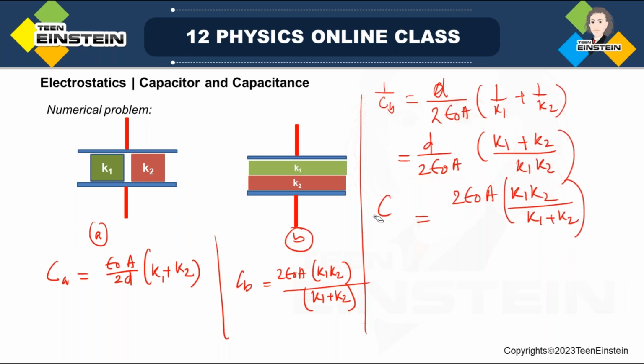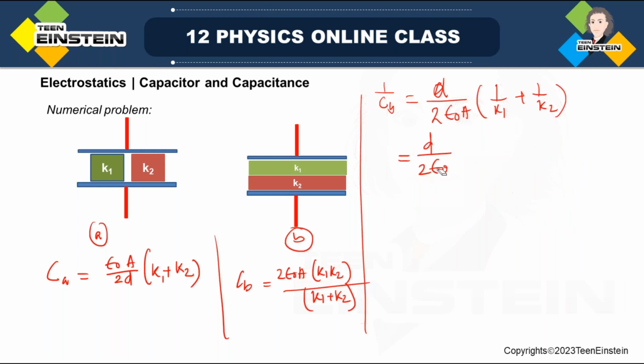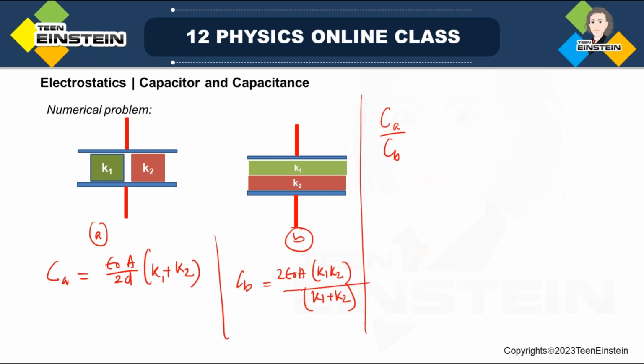So I'll just write the ratio here. So I have to find out what is the ratio CA by CB. Okay, first of all, we had been given K1 is equal to 2 and K2 is equal to 3. These are given, but better to always keep the formula in general form. Let me see in general form.